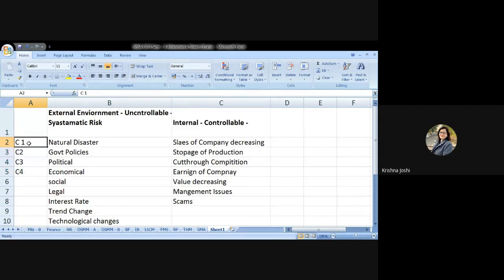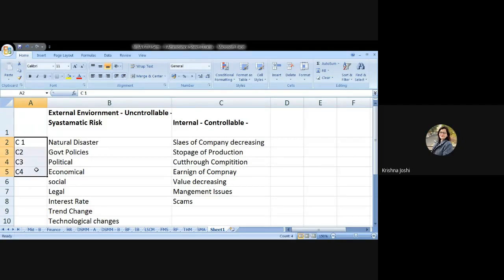Say for example, this is Reliance, this is Wipro, this is Infosys, and this is TCS. So if I'm thinking of investing in these four companies, if a natural disaster happens, will it affect two companies and not affect the other two? Is it true? No, ma'am. It will affect all four companies.